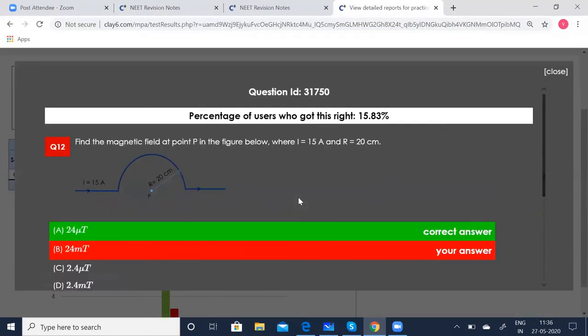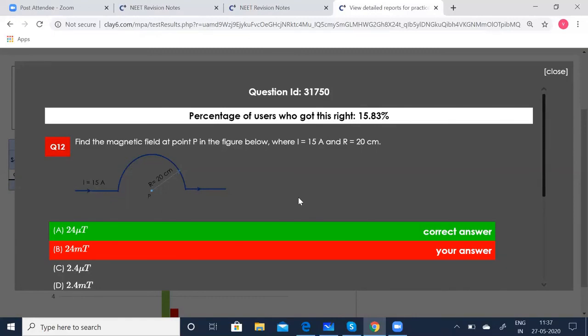Question 12 went wrong. Let's see that. Find the magnetic field at the point B. I calculated it as micro Tesla, and that is how you'll get confused, children. While calculating, we did it as micro Tesla, but milli Tesla is also given. So you shouldn't be in a hurry.